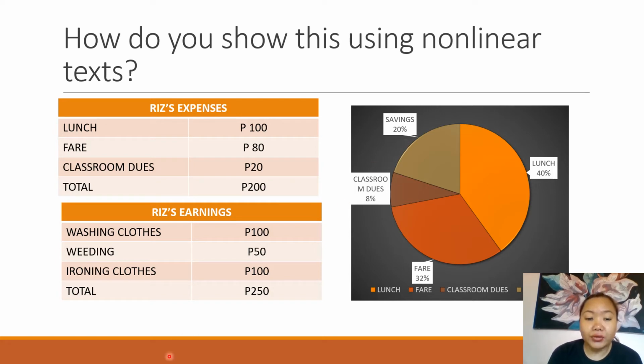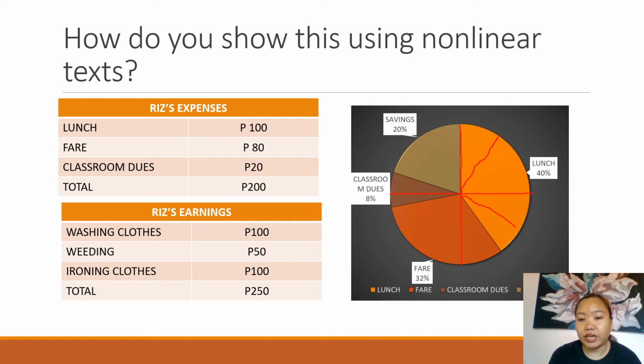So, how do I make the chart now that I have the percent? If you have the pie, remember that the whole pie is equivalent to 100%. Just to demonstrate, if you divide the pie into 2, this is 50%, and this is 50%. Right? It's just a demonstration.